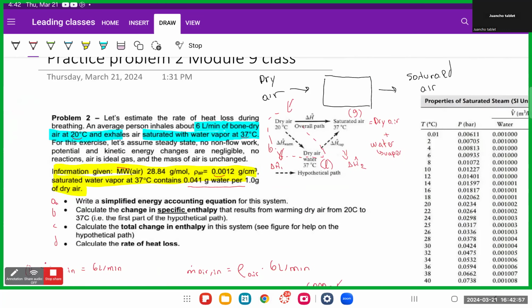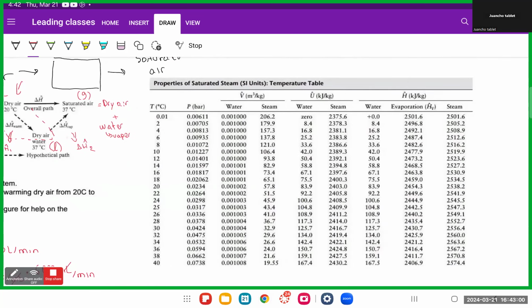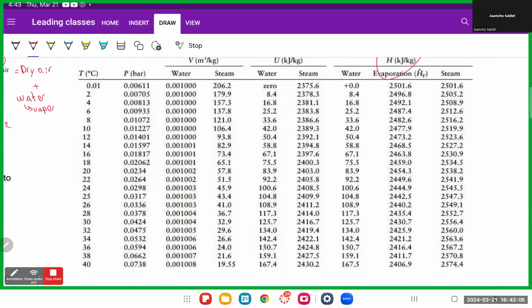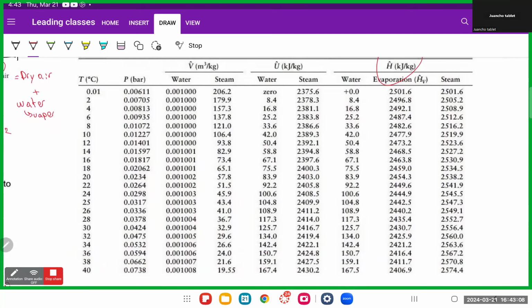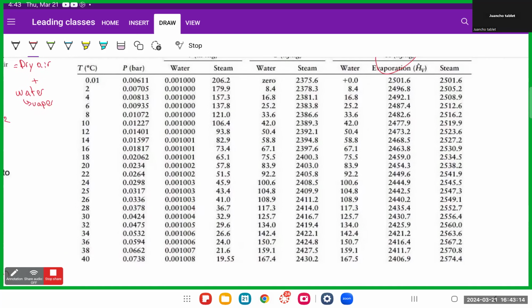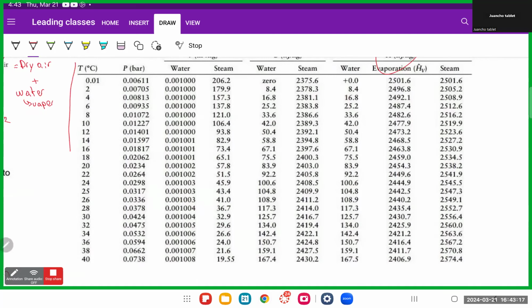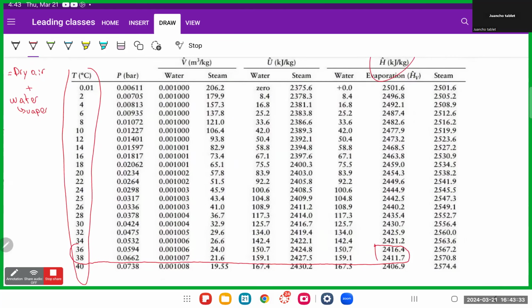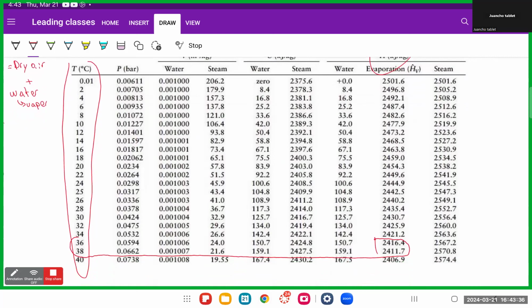So that's the reason I have this table over here. If you go to this table, towards this side, we have the enthalpy in kilojoules over kilograms, which is the same as joules over grams, because it's just multiplied and divided by 1,000. So if we look at this column over here, which is the temperature, we see that we have the temperature of 38 and 36. What I ended up with here is the specific enthalpy for the water vapor at 36 and 37.